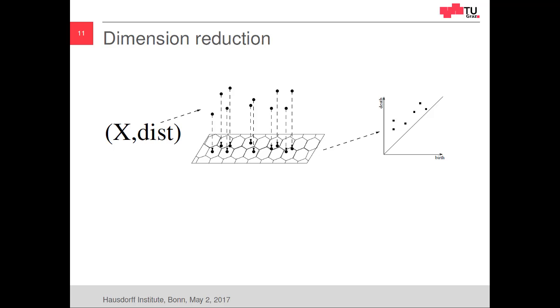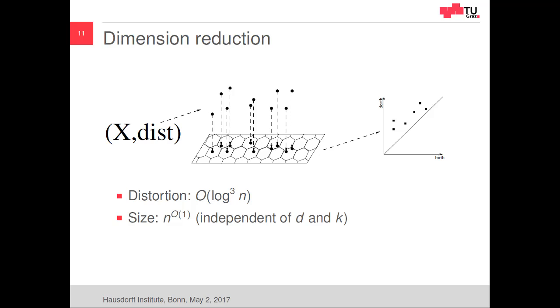So you first do that. That gives you another logarithmic distortion. Then you project dimensions, and then you use permutahedral approximation. And if you do this whole pipeline, you get log cubed n as a distortion parameter. And when you do the calculations, you see indeed the size of the filtration does not depend on the dimension that you started with.